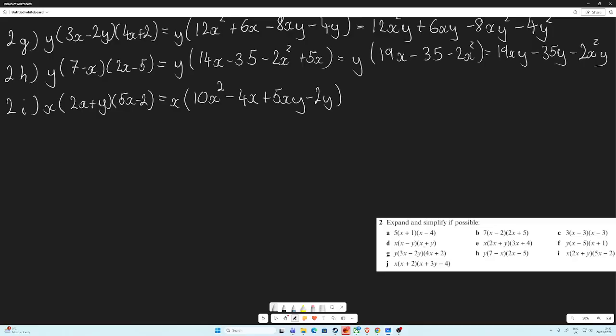No common terms, so this will be 10x cubed minus 4x squared plus 5x squared y minus 2xy.